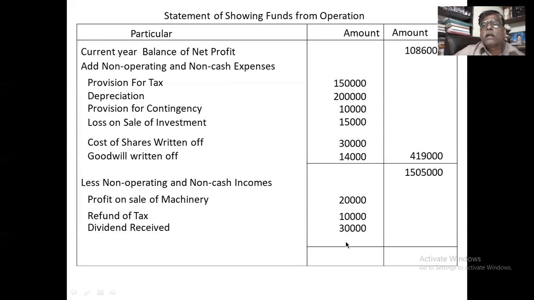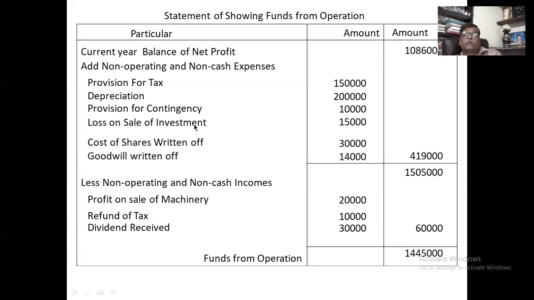These three incomes are not relating to operation. You take the total of these three. Total is 60,000. You deduct 60,000. Remaining balance is 14 lakh 45,000, called funds from operation. In this way, you calculate funds from operation.